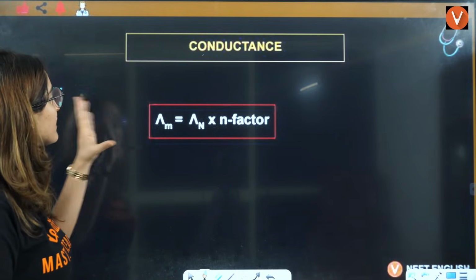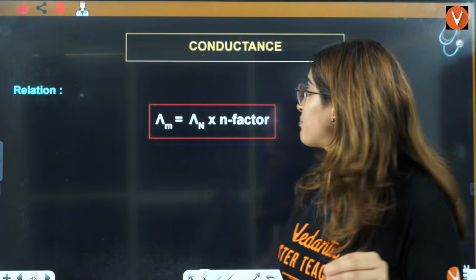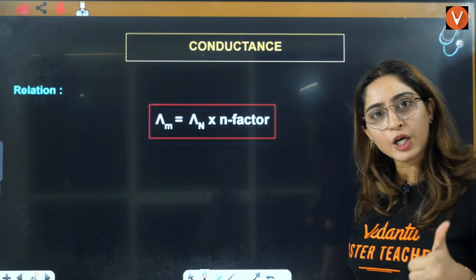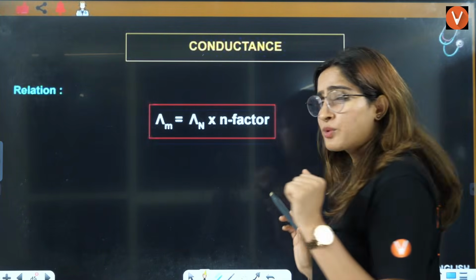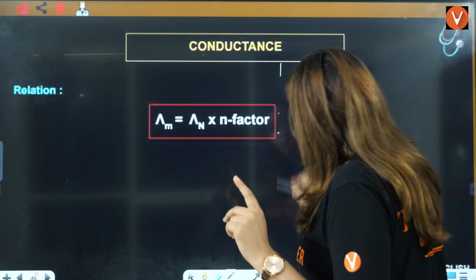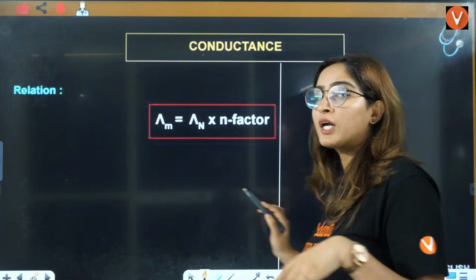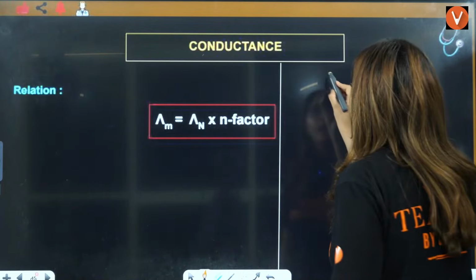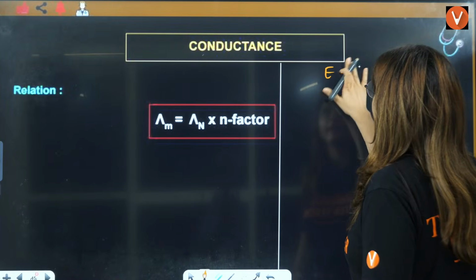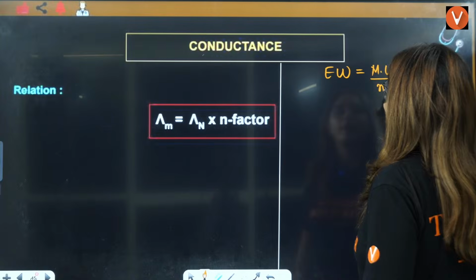Now let's talk about the relation between molar conductivity and equivalent conductivity. For those students who have totally skipped the molarity and normality relation with n factor, I am doing this. Equivalent weight is equal to molar weight divided by n factor.